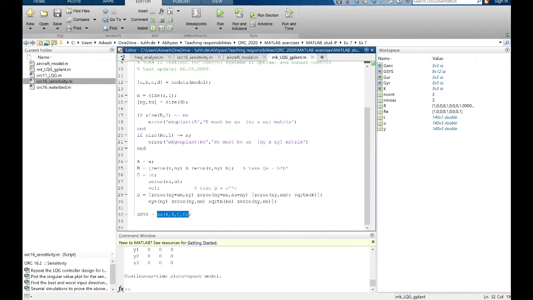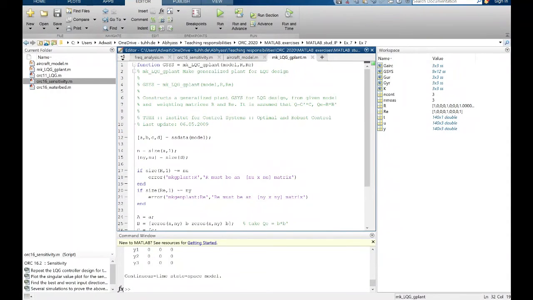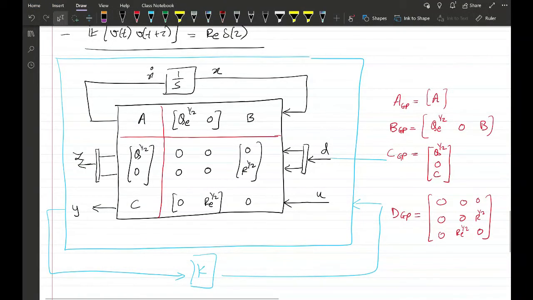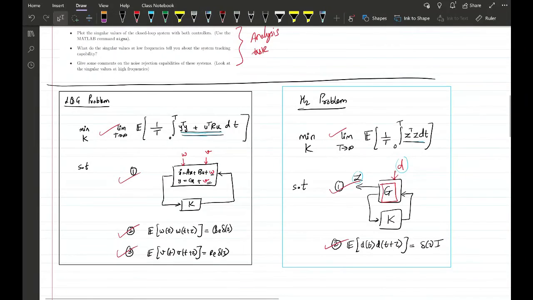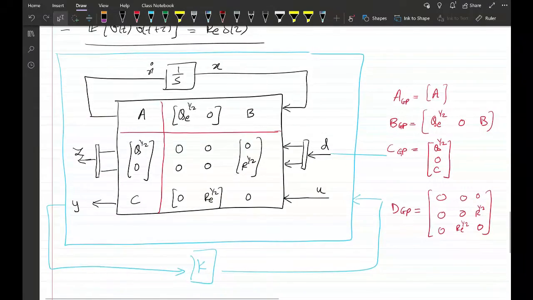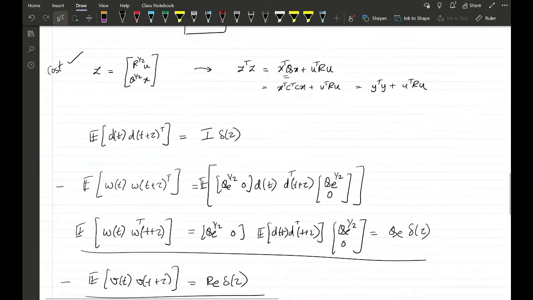Now QE is taken as BB transpose, which is usually a starting choice, and RE is taken as the input of this function, so RE needs to be tuned. Similarly Q is taken as C transpose C, which is also the choice here, because we have in the LQG cost Y transpose Y, and we saw that to get the same cost here, Q should be chosen as C transpose C.